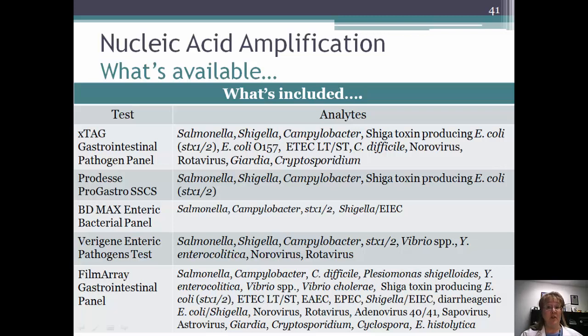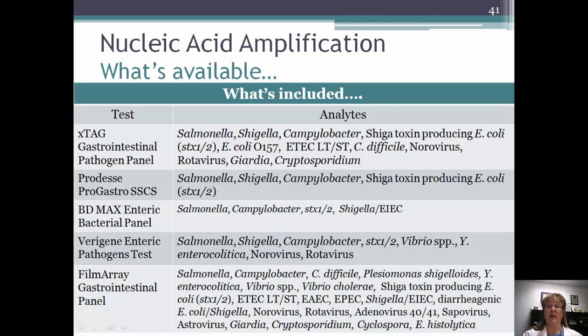So again, what's available on these assays, you can see that there's a huge variety in what the assays offer. For instance, the BD folks with their BD Max assay have chosen to compartmentalize testing. So their assay right now is available for Salmonella, Shigella, and enteroinvasive E. coli, Campylobacter, and Shiga toxin, detection of the Shiga toxin gene.